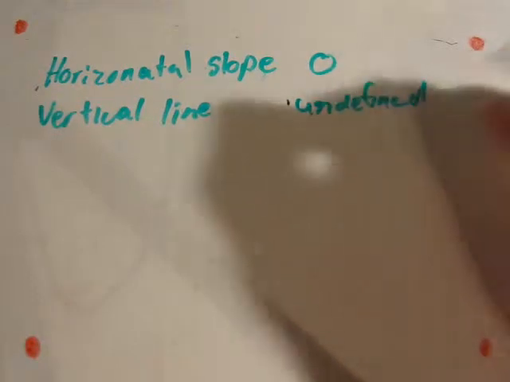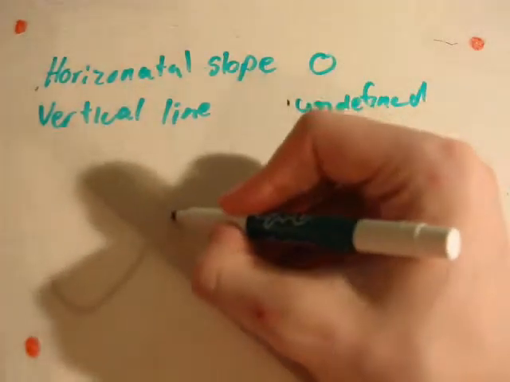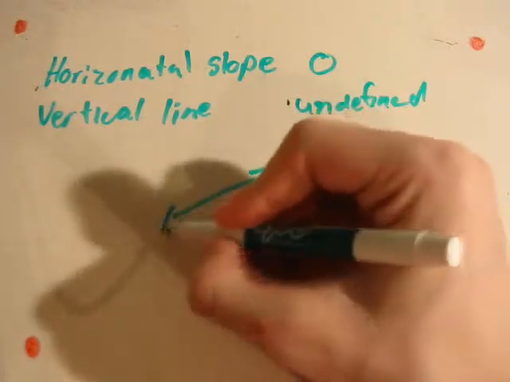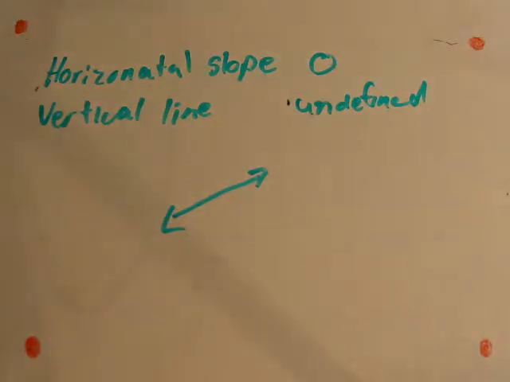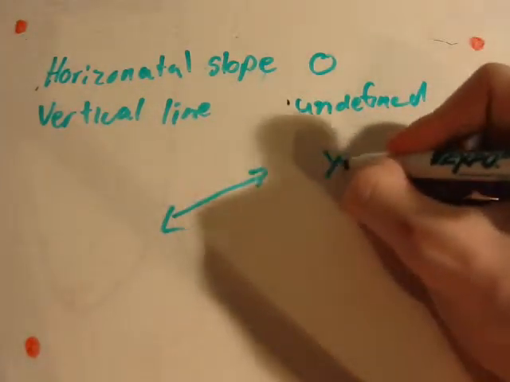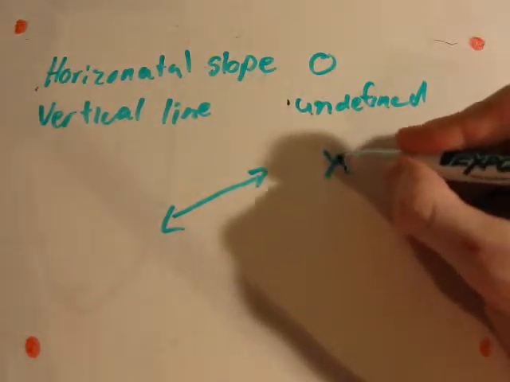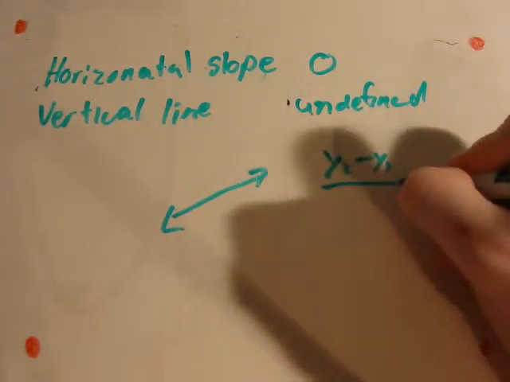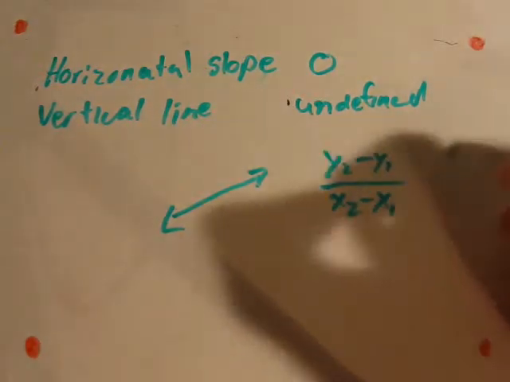Now, what's a slope? The slope is how much the change of the x and the y is. Specifically, the slope is the second y-coordinate minus the first y-coordinate over the second x-coordinate minus the first x-coordinate.